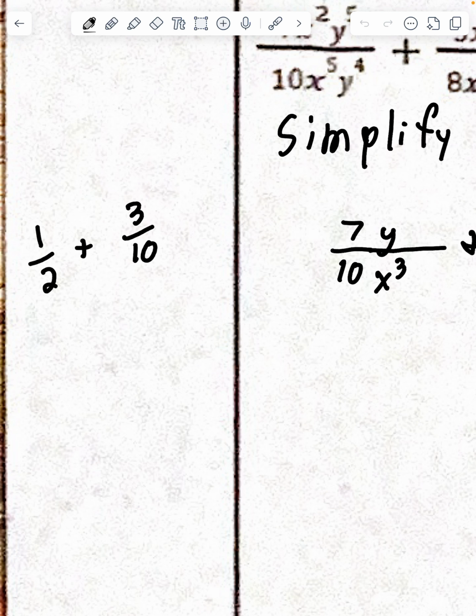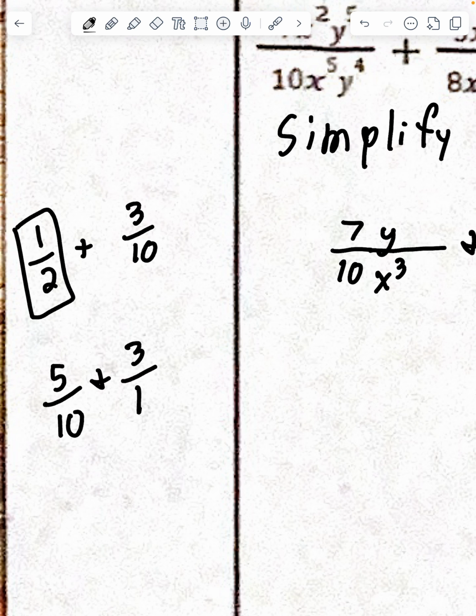Well, I would need to change this term, and I would need to make it 5 times bigger in the numerator and 5 times bigger in the denominator, so that way they had the same denominator.